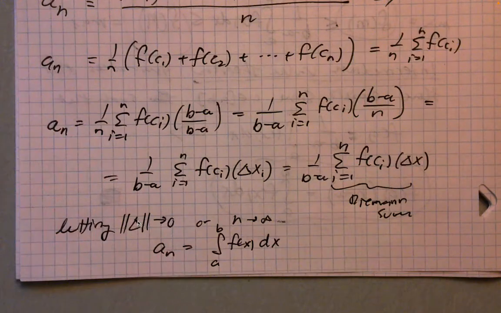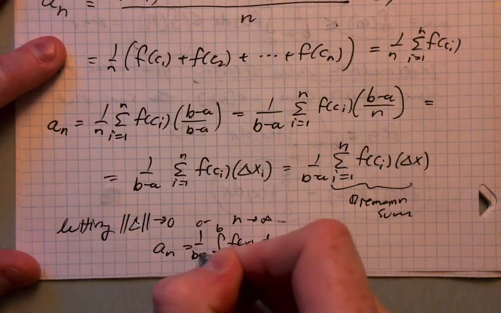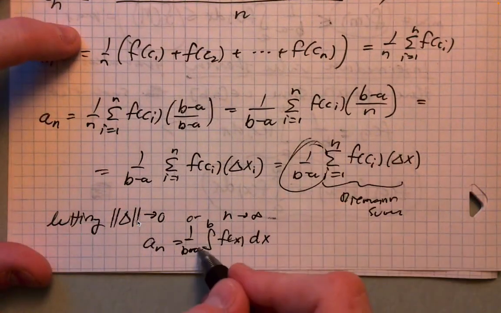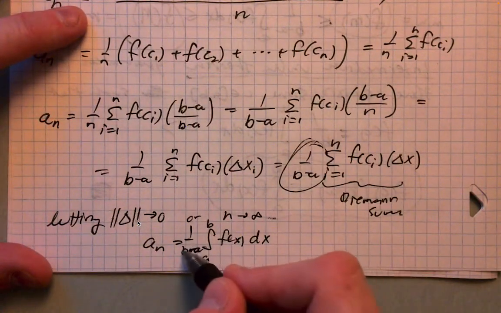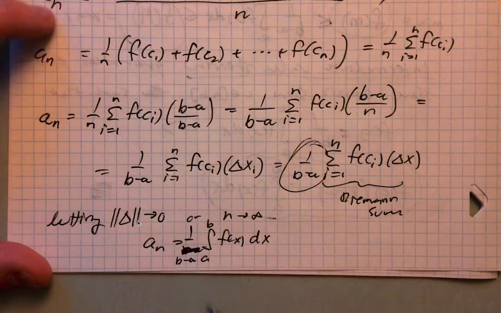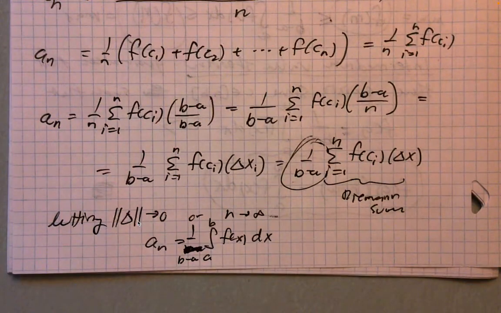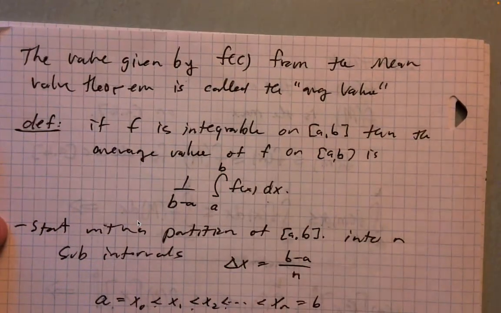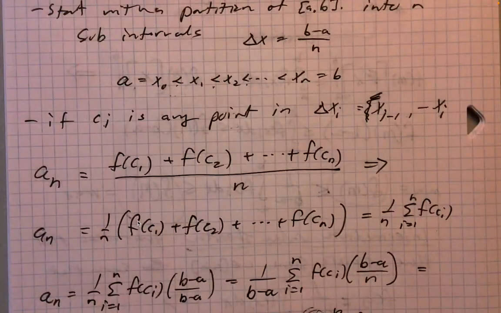Oh, sorry, times 1 over b minus a. Can't forget that part. That's basically the definition: the average has this form. Very nice.